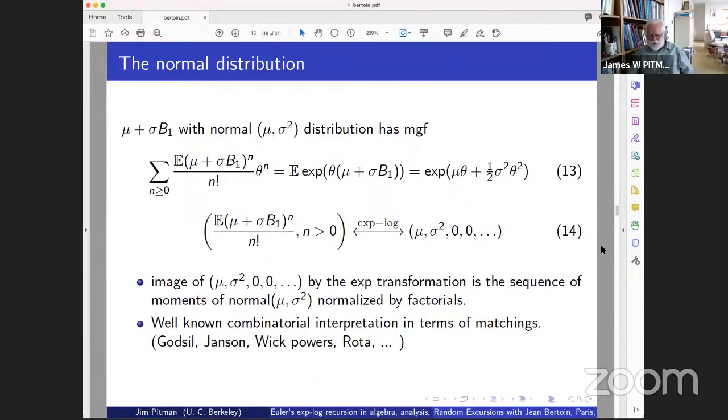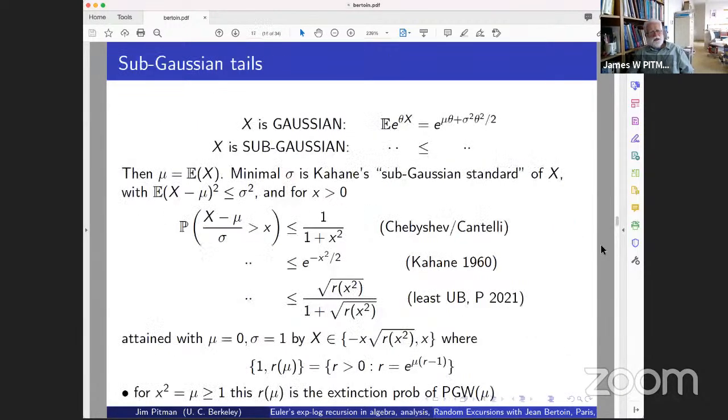I want to pick up on one theme of this, which I've found interesting, which is that we have a Gaussian variable if the moment generating function simply has two terms inside the exponential.